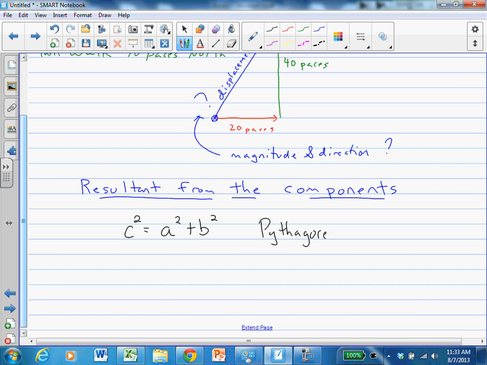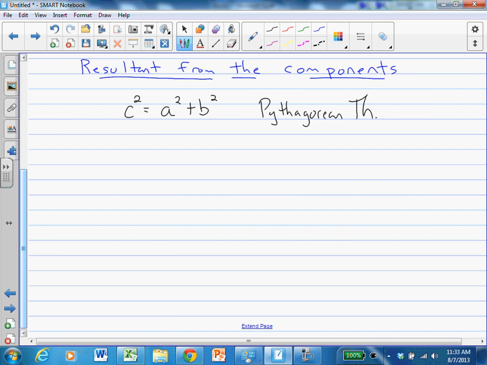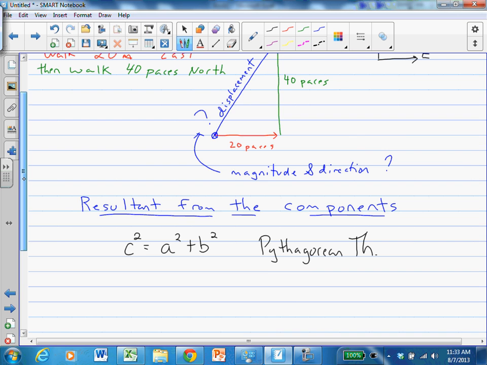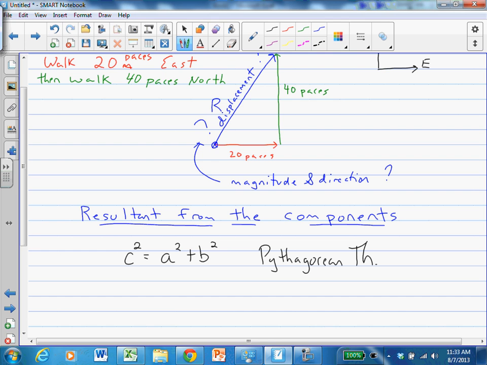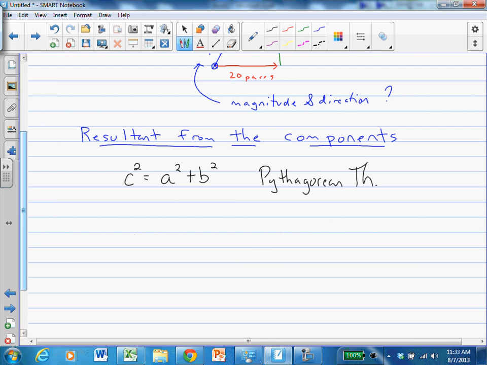Now, for us, the magnitude of the blue resultant, call it R, the magnitude of that squared equals Rx squared plus Ry squared.